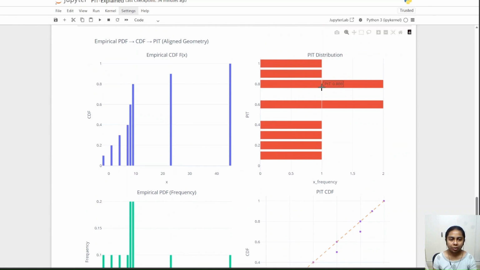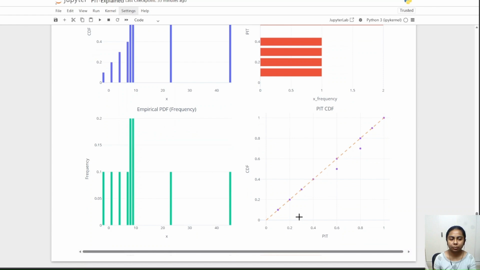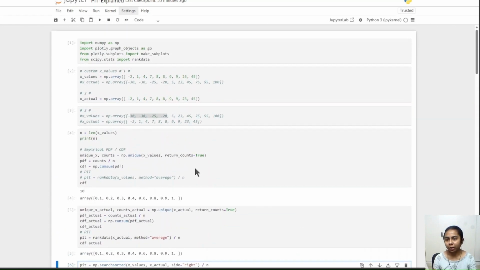We essentially see 2 points at 0.8 and it doesn't look normal, but if we take a large number of data sets, we have an equal number of x values. I mean, the frequency of x is almost the same at each and every point of the CDF. Let me show you by inverting this.